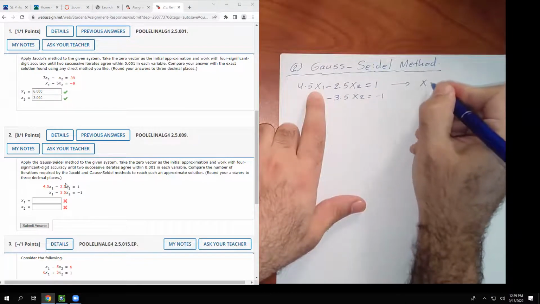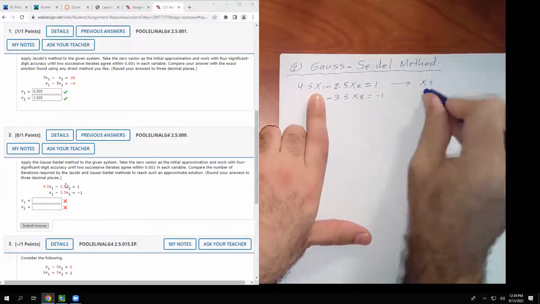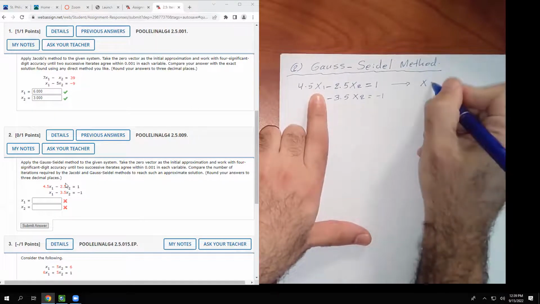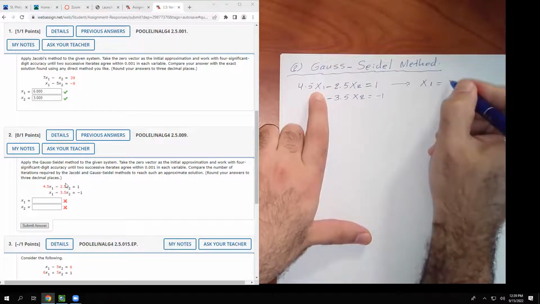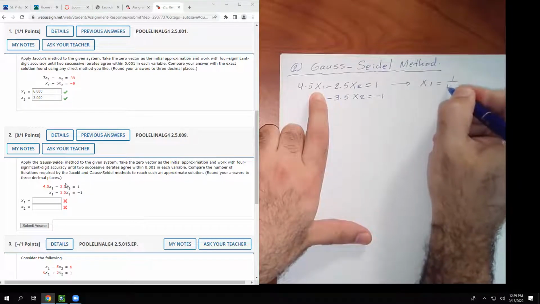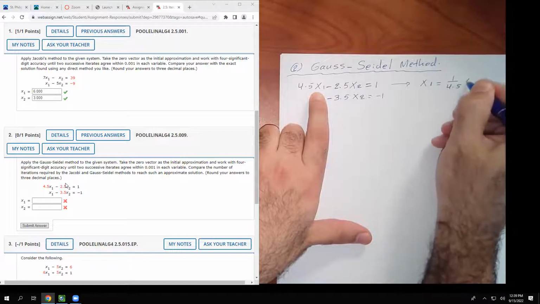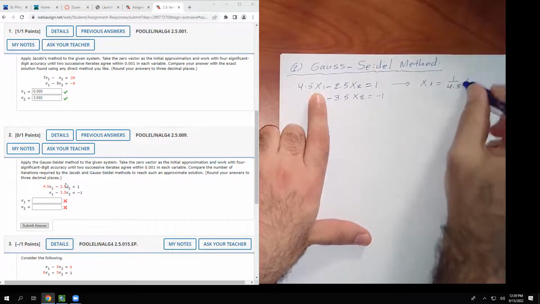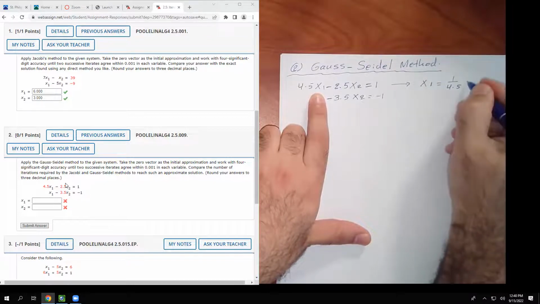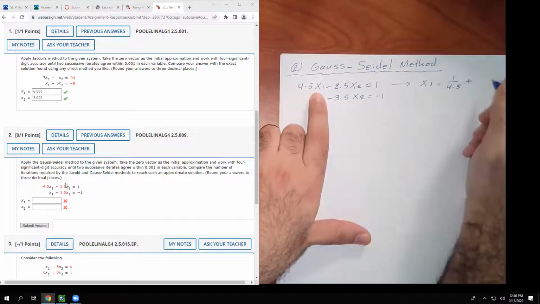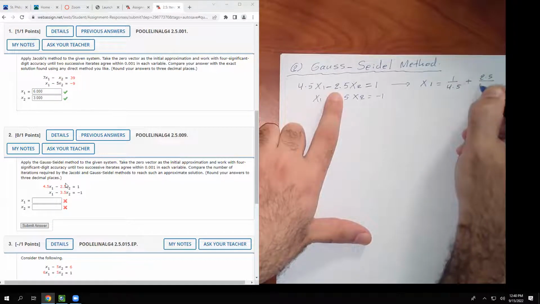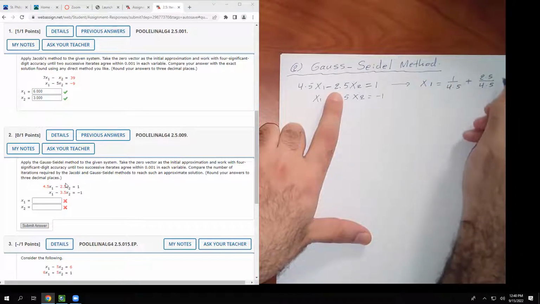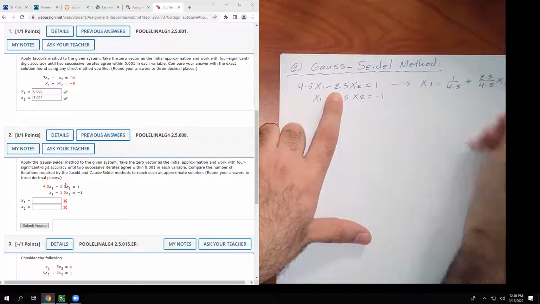So x1 is going to be 1 over 4.5 plus 2.5 over 4.5 x2. This is the first one.